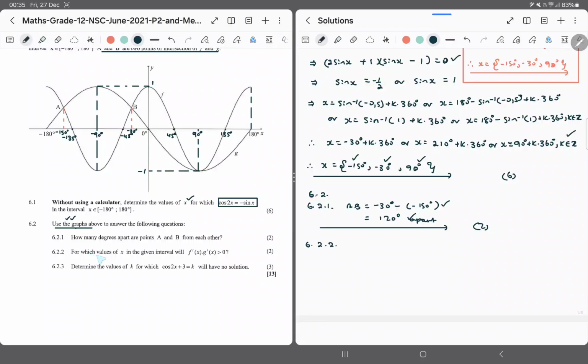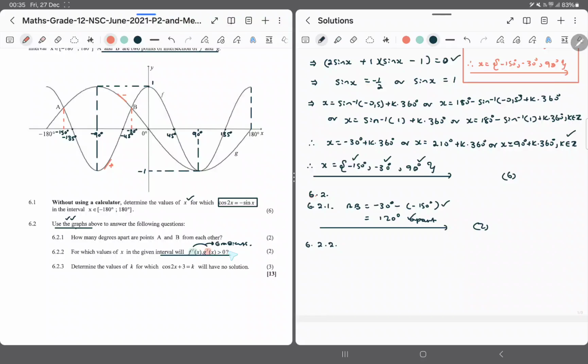So 6.2.2 says, for which values of x in the given interval is this situation the case? Now, once you see derivatives, it already tells us that we are talking about gradients. Okay, so gradients, you just draw a tangent on the graph. So we can clearly appreciate that this is a negative gradient. If we draw a tangent over there, we can appreciate just a local tangent, that's a positive gradient.